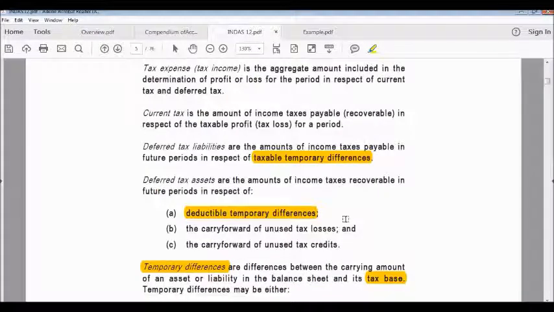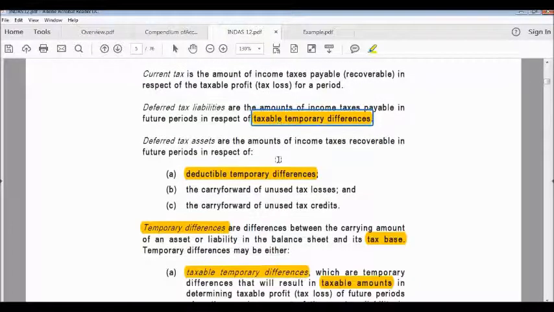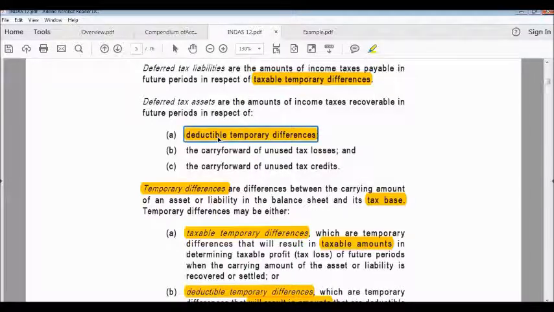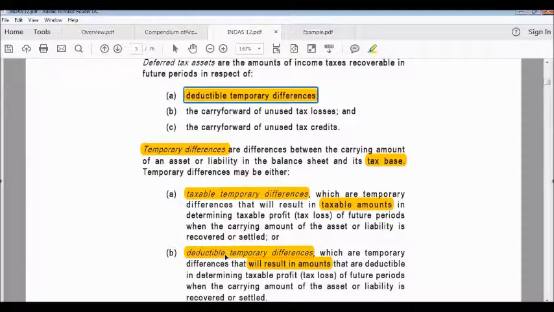So deferred tax liabilities are the amounts of income tax payable in future periods in respect of taxable temporary differences. For taxable temporary differences, you have to create deferred tax liability. And deferred tax assets are the amounts of income tax recoverable in future periods in respect of deductible temporary differences.